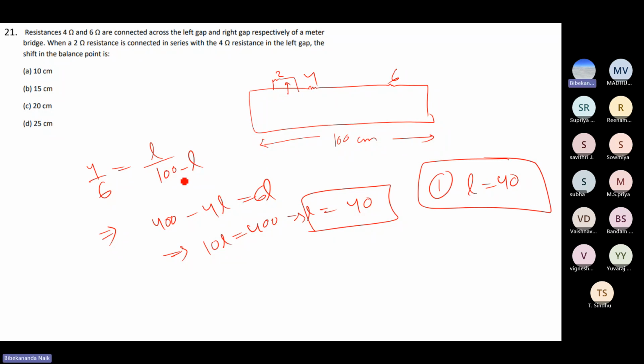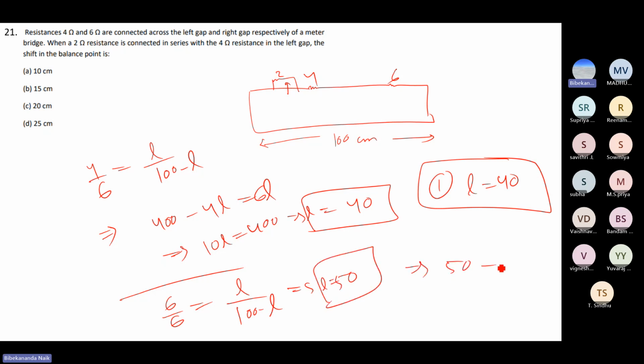But when we change it, it will be 6 by 6, because when you add another resistance of 2 ohm in series, then 4 plus 2 equal to 6. Then in the second case, it will be 6 by 6 equals L by 100 minus L. So L will be 50 in this case. So the shift is 50 minus 40, that is 10 centimeter.